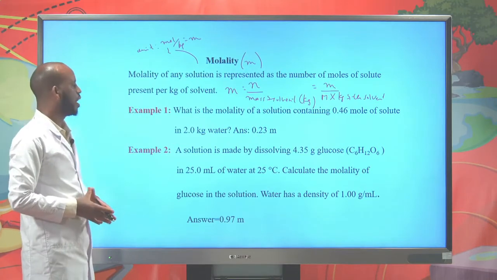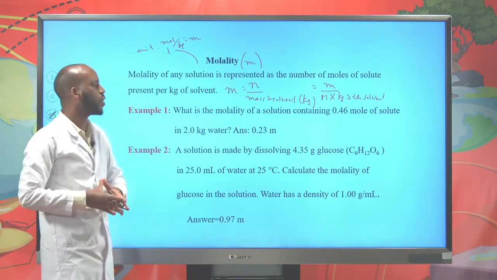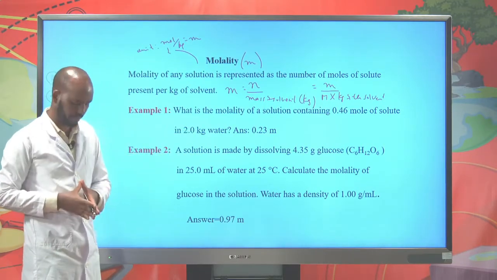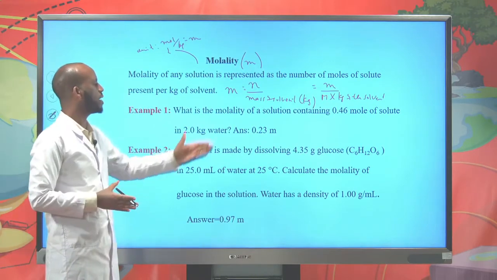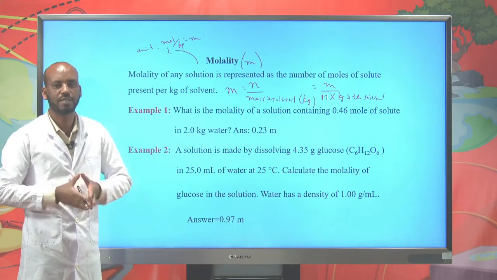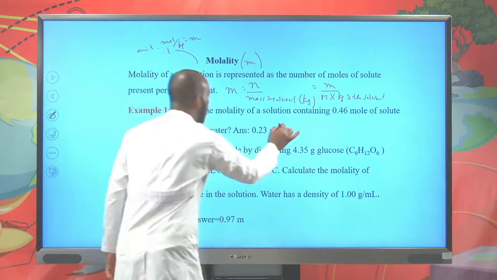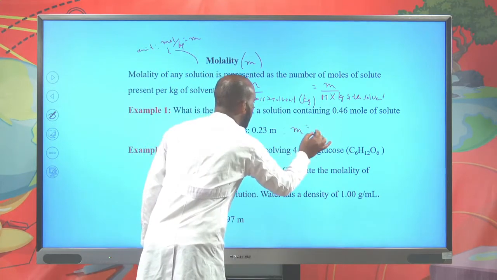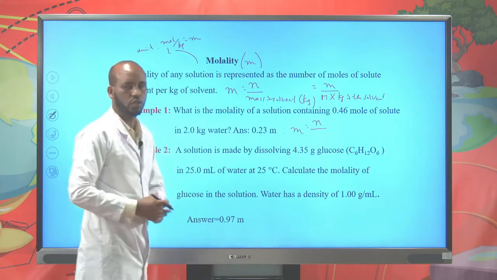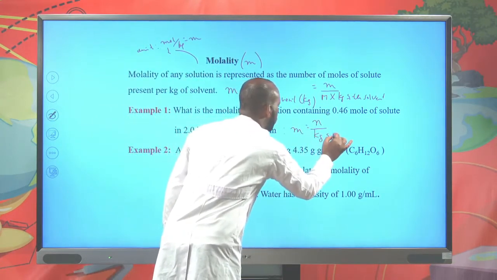For example, what is the molality of a solution containing 0.46 mole of solute in 2 kilograms of water? You are asked to calculate molality of a solution. One way of expressing concentration of a solution is using molality. Therefore, molality equals number of moles of solute divided by mass of solvent in kilograms.